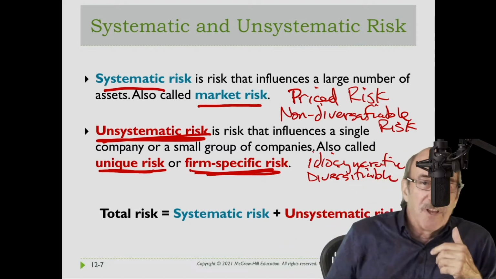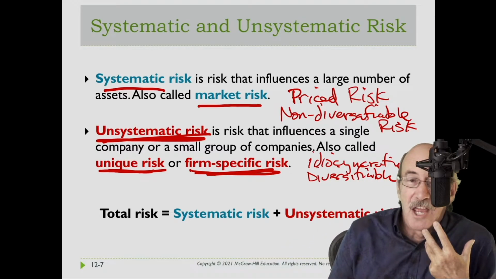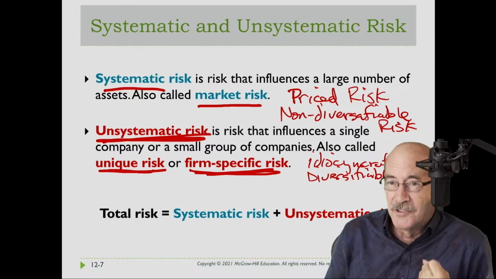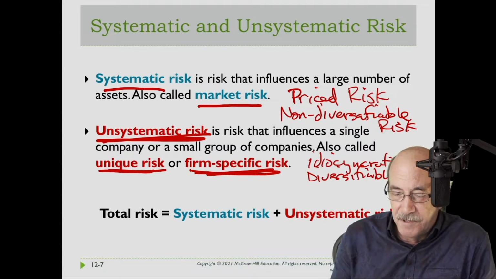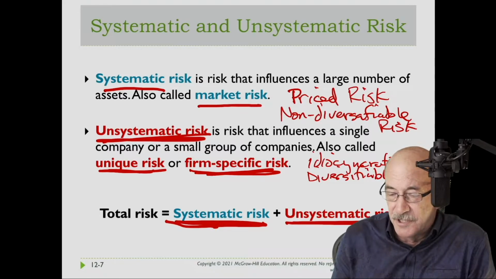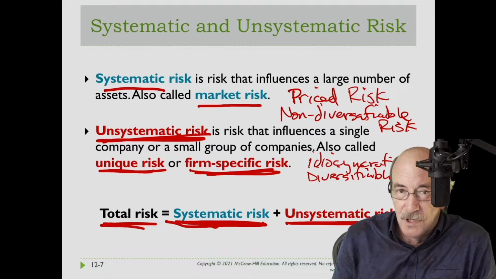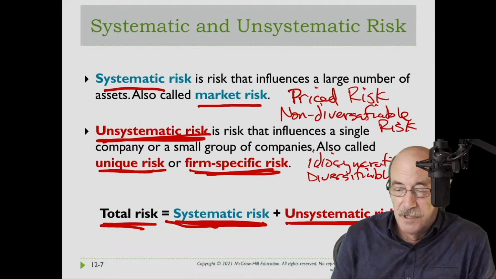You get the idea. We've got tons of names. They all mean exactly the same thing. And this final formula down here, systematic risk plus unsystematic risk equals total risk.